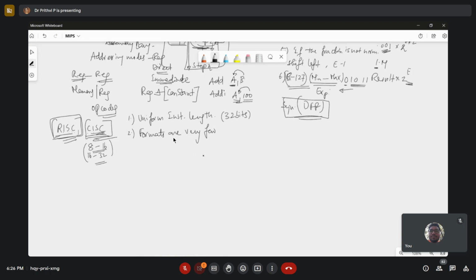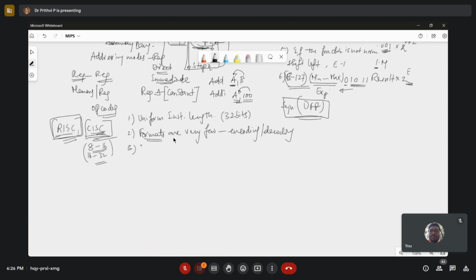Few in the sense, for encoding purposes we need to use different fields of instruction, and this will be uniformly implemented for decoding and encoding both, because the formats are very few in number. The decoding and encoding will be very simple in your RISC processor. That is one advantage we are having.